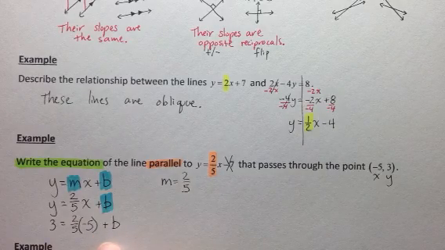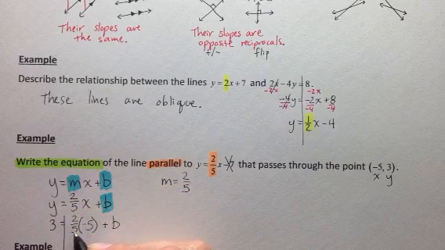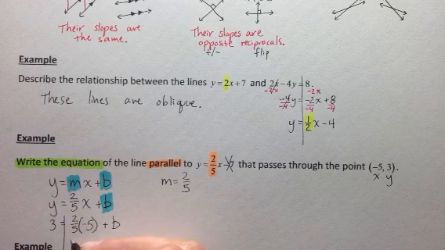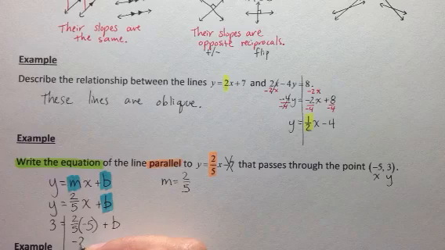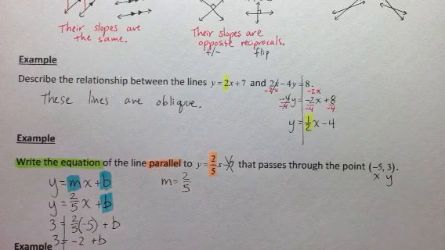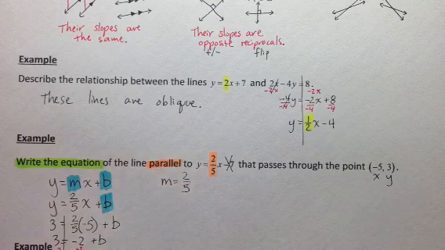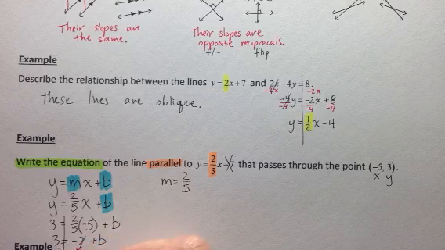I can now solve for b. So over here, 2/5 times -5 is -2. And I can now add 2 to both sides. And I'm going to get my value of b is 5.